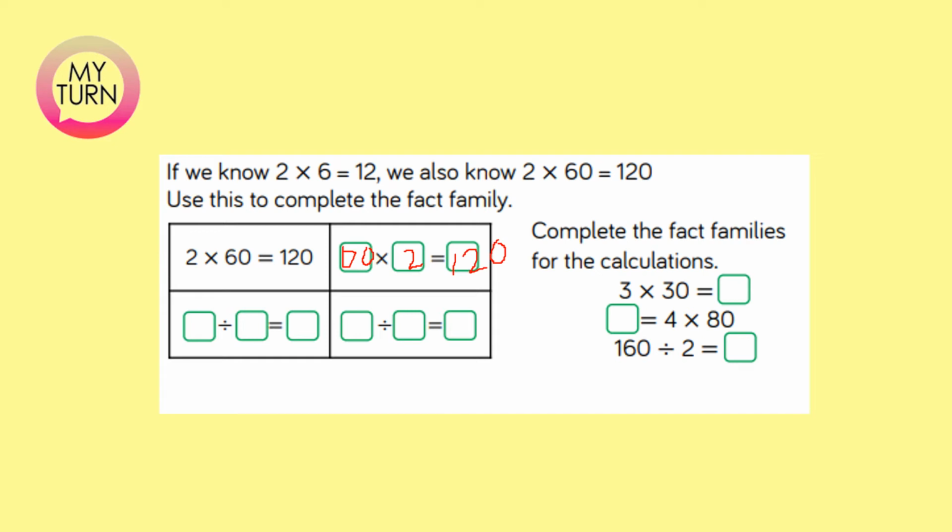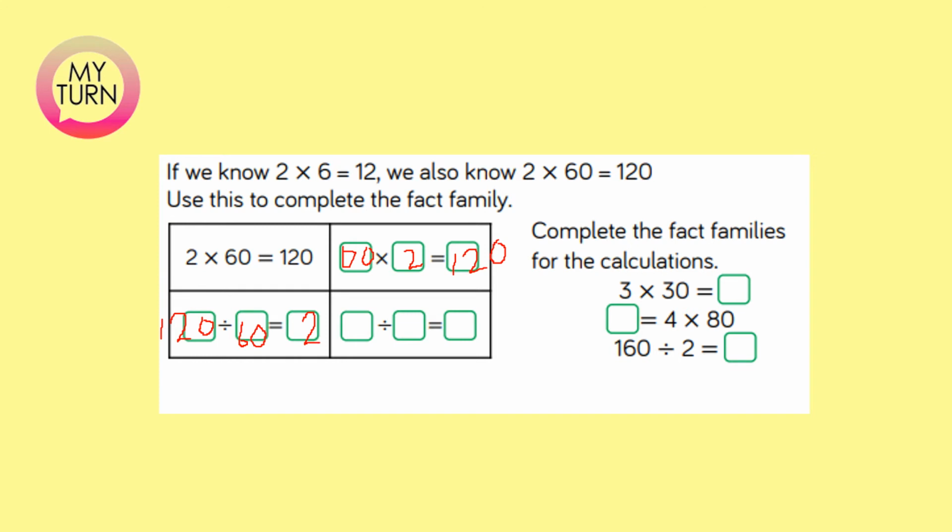So, what we're going to do now, we need to think of those next 2 division questions that are linked to these times table questions. So remember, we need to start with the biggest number, so 120, and we need to divide it by either 60 or 2, so I'm going to go with 60, and then our answer will be the remaining number, okay?